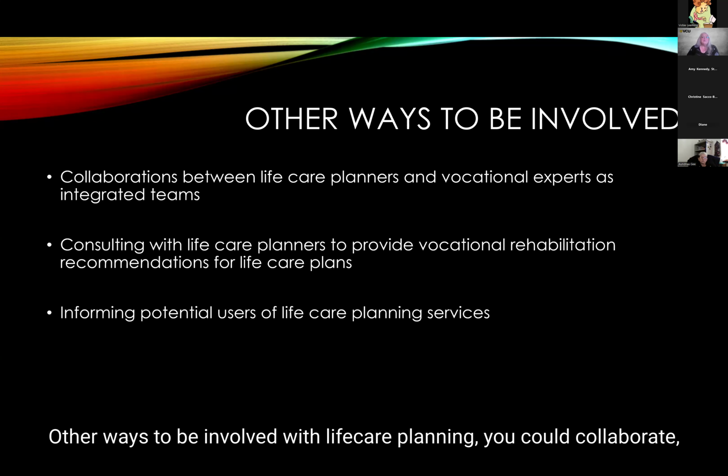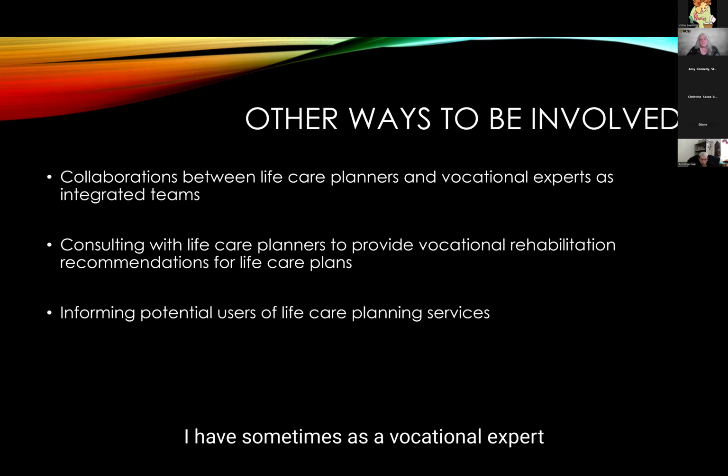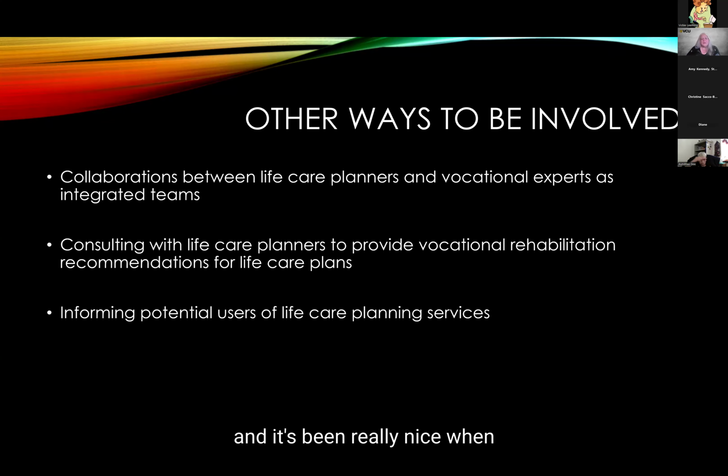You could collaborate. Collaborations between life care planners and vocational experts as integrated teams. I have sometimes, as a vocational expert, accompanied a life care planner going into an evaluation in the home. And it's been really nice when we can combine those efforts and work together.